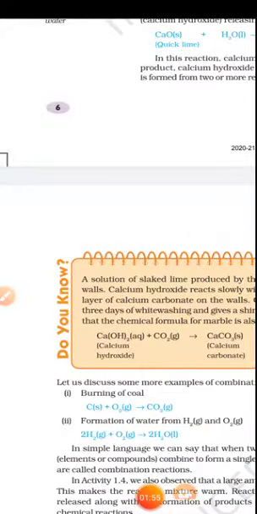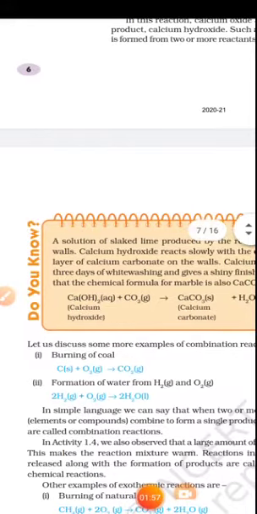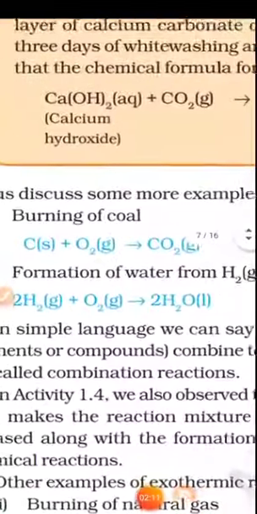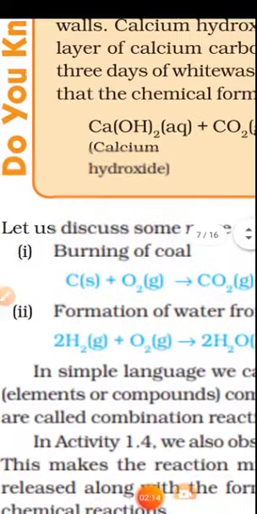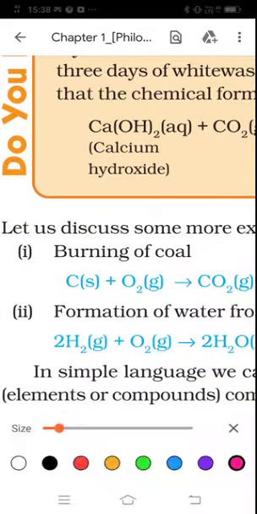Now, when you are burning coal, coal is found in solid form. It will react with oxygen present in air and form CO2 gas. Now you have to denote the nature of the element, compound, atoms present. C means carbon, means coal.